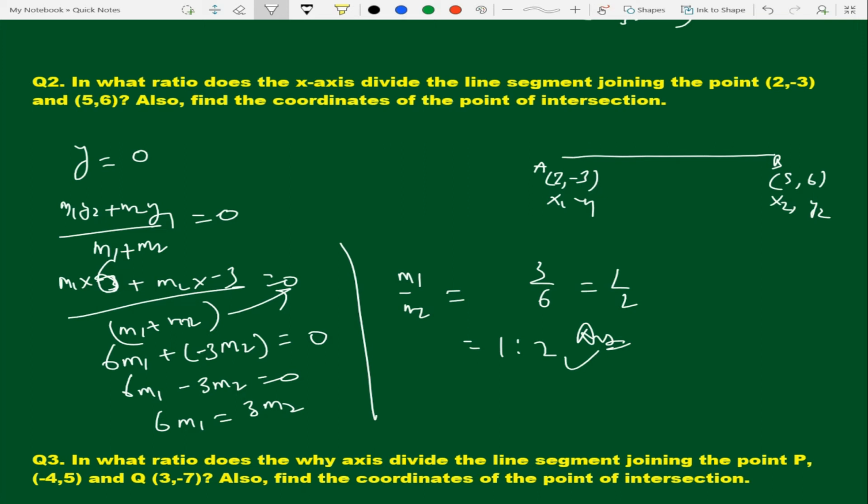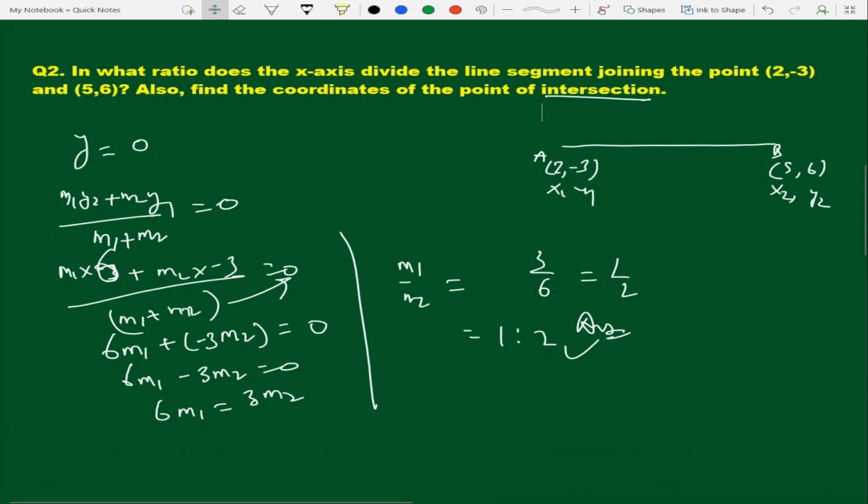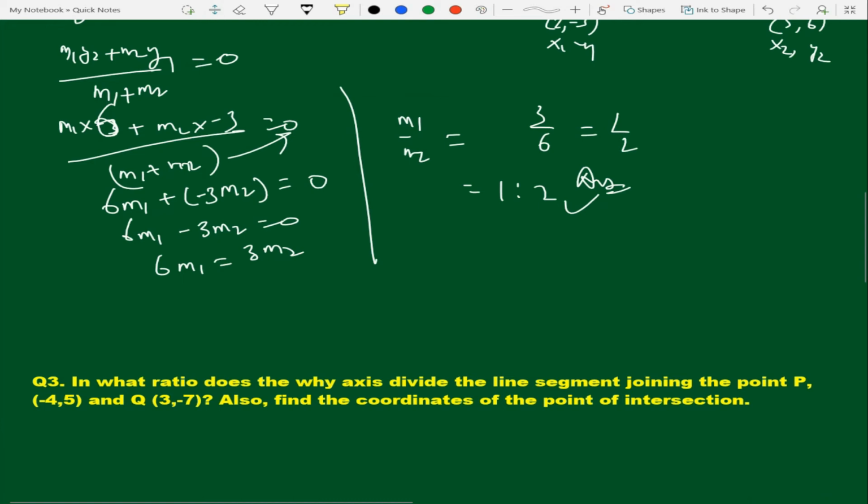And also find the coordinates of the point of intersection. Here m1 and m2 are 1 and 2. So x, y equal to (m1 x2 plus m2 x1) upon (m1 plus m2).